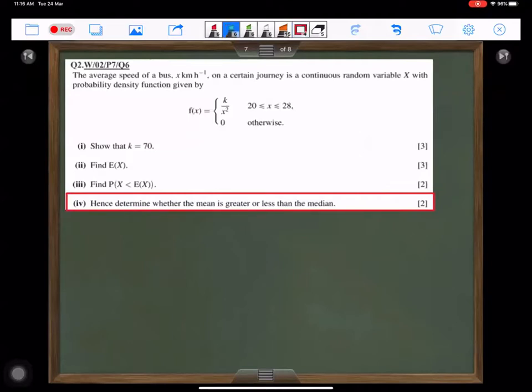I can say probability X lesser than Q2 is 0.50. Therefore, Q2 becomes the upper limit. Lower limit is how much? 20. K is 70. This is X to the minus 2 dx equals 0.5. And then if I calculate, I'll find a value of Q2.